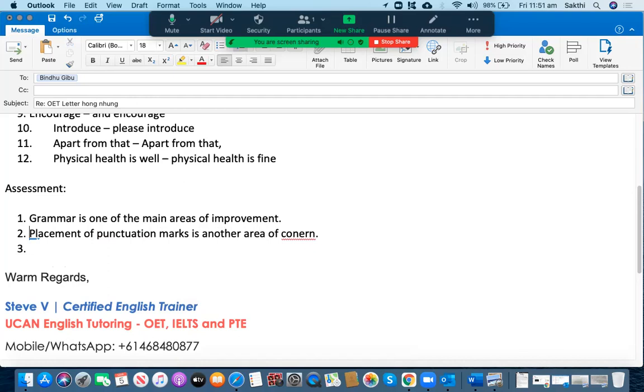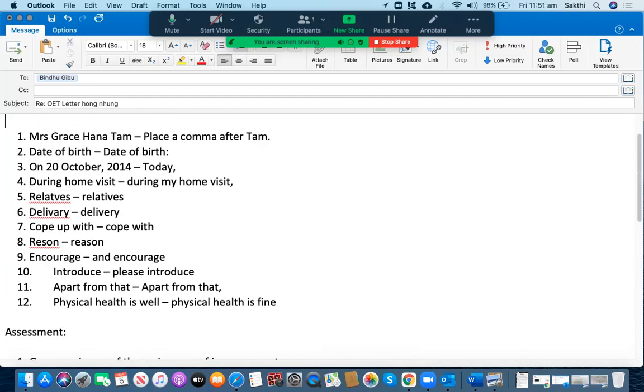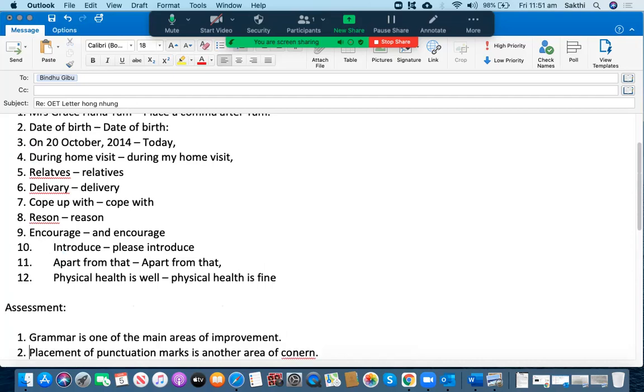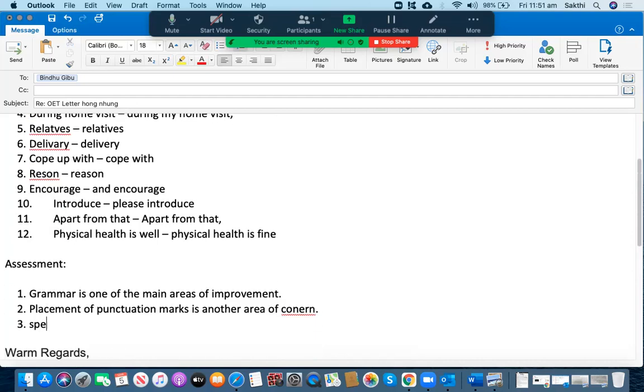You have been committing lots of mistakes as far as punctuation marks are concerned, and spelling is another area. Spelling is at its worst because you have committed several spelling mistakes. Can you please work on your spelling and try to avoid the spelling mistakes? That would be great. Thank you.